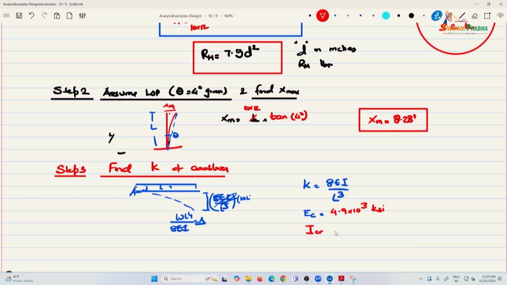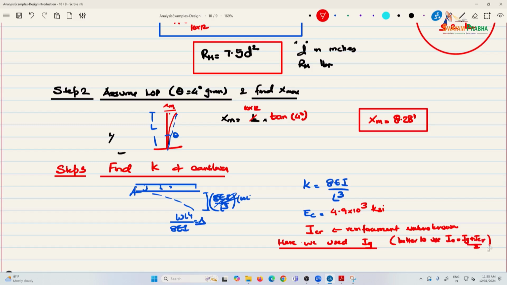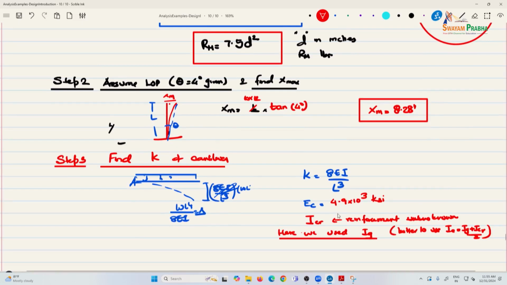I can be taken to be I cracked, but we do not know reinforcement. So, reinforcement is known, but the depth unknown. So, here we used Ig, but let me make a note, better to use IE, which is Ig plus average. So, let us go with this.